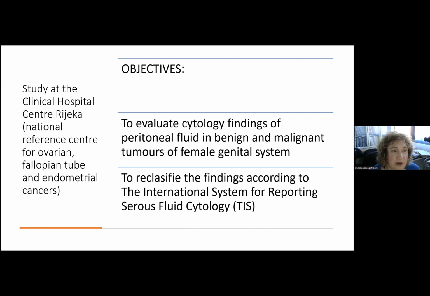We wanted to analyze our peritoneal fluid findings and reports, in benign and malignant tumors of the female genital system, and also to reclassify the findings according to the International System for Reporting Serous Fluid Cytopathology, TIS, of course.